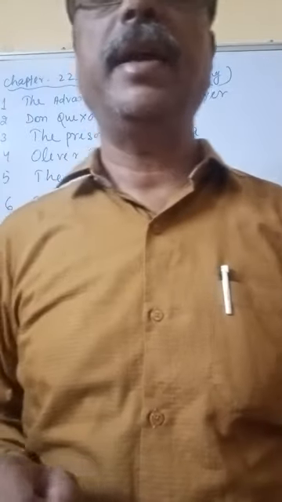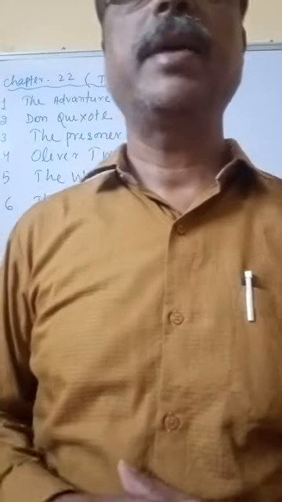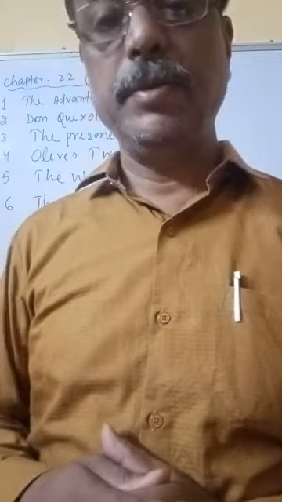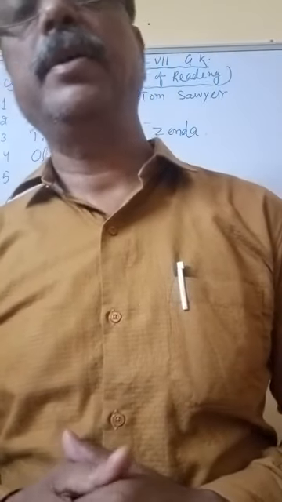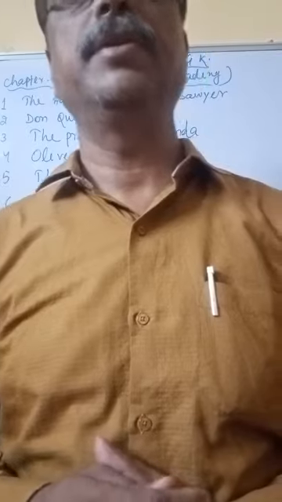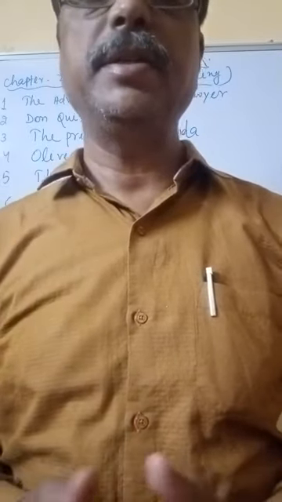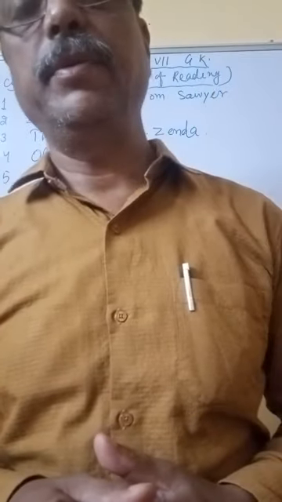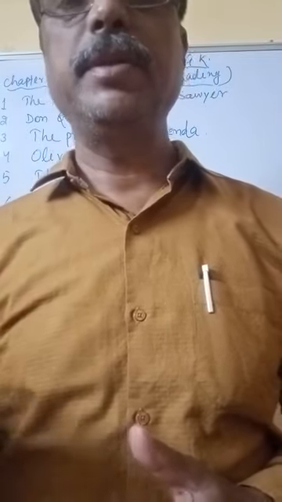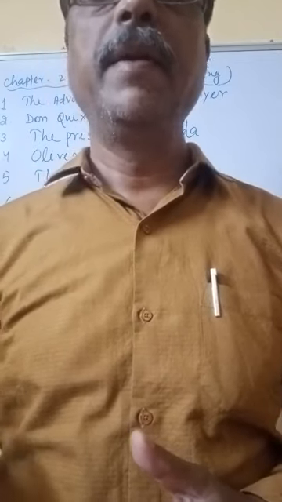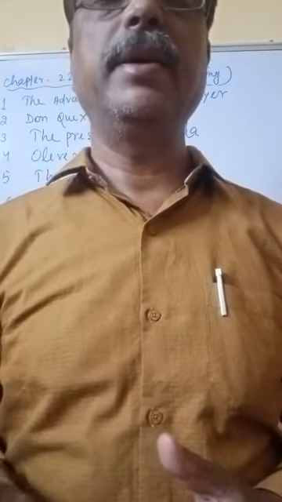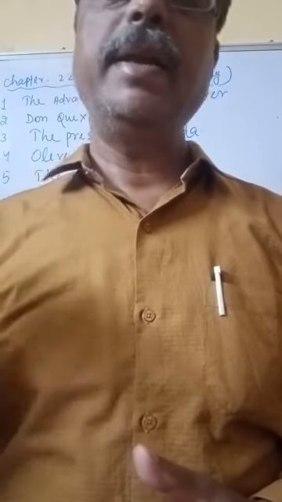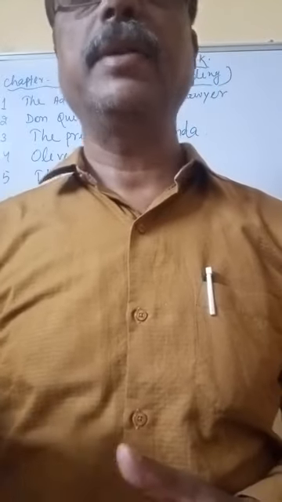Side by side, as I already gave in the home assignment, the current affairs book is attached to your GK book, and you have to read current affairs first, second, third also, because there is nothing to be taught, only questions are given and answers are also given in the book. So you have to find out which is the right answer by the serial number given. By serial number you can easily get the answers, and you have to read the current affairs book yourself, and in the examination current affairs will also come.